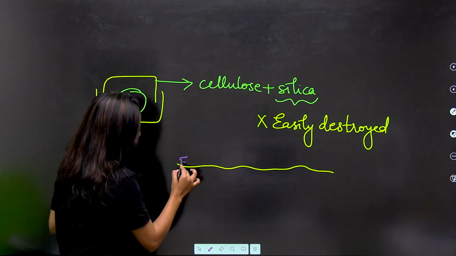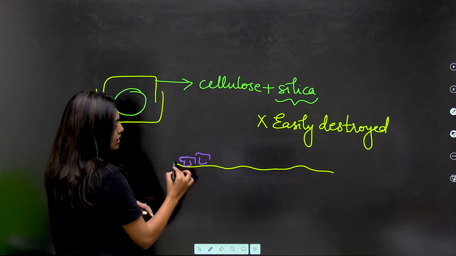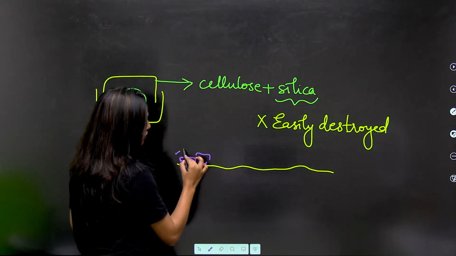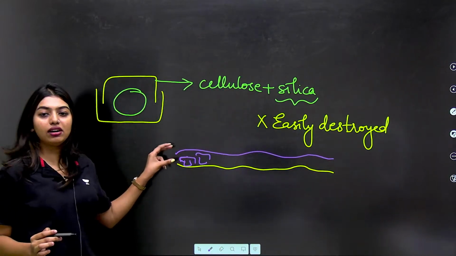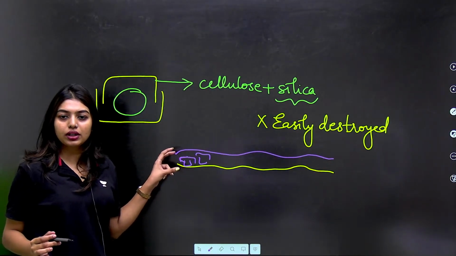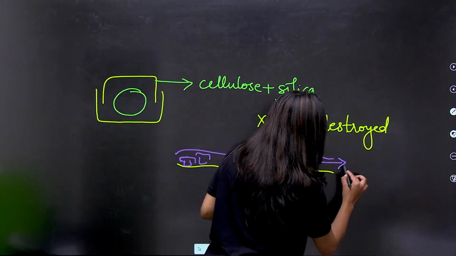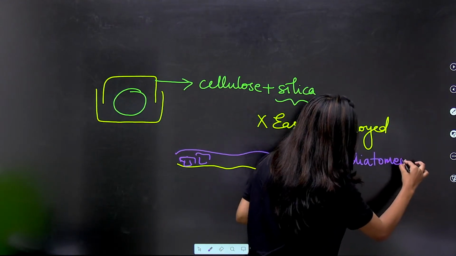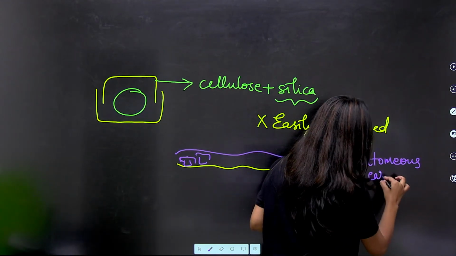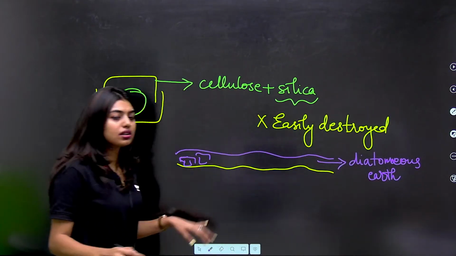All your diatoms have gone and settled on the seabed, and they will form another layer. They will form one whole layer of silica, and that is called your diatomaceous earth. Got it? Diatomaceous earth.